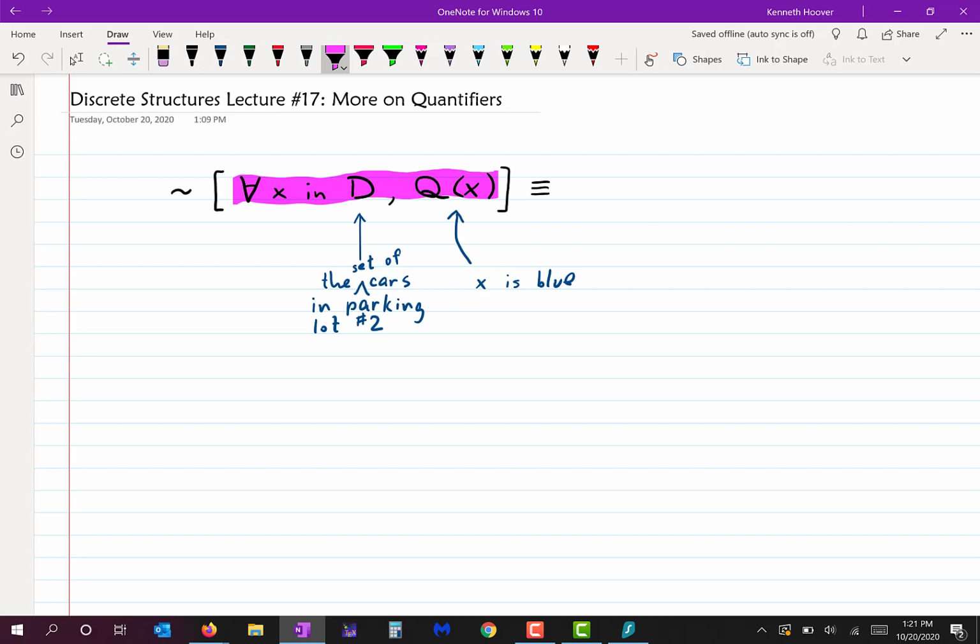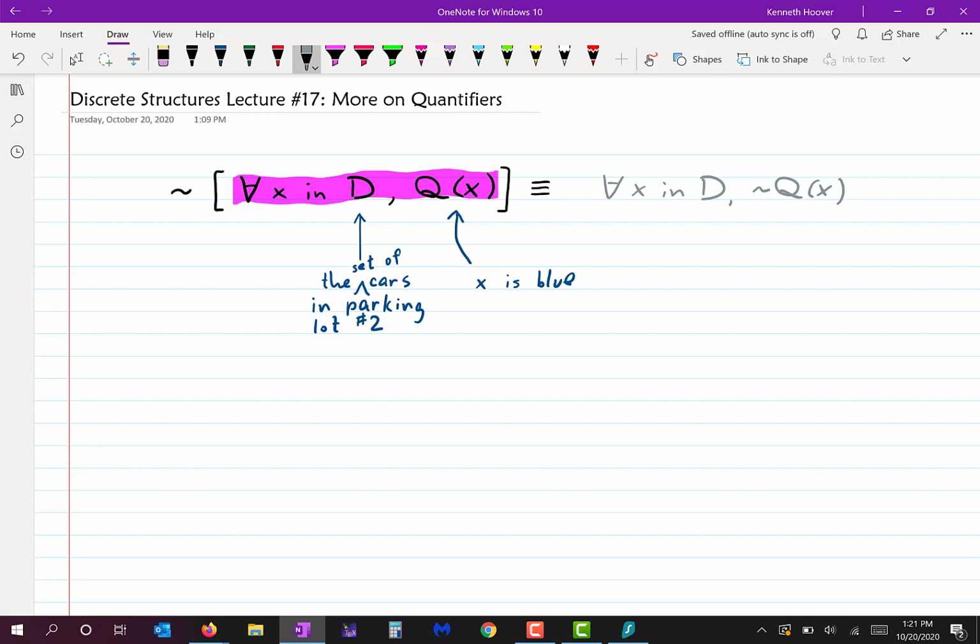So what would be the negation of that? A lot of people get this wrong their first try because they think maybe the negation is this. But that's way too far in the other direction.